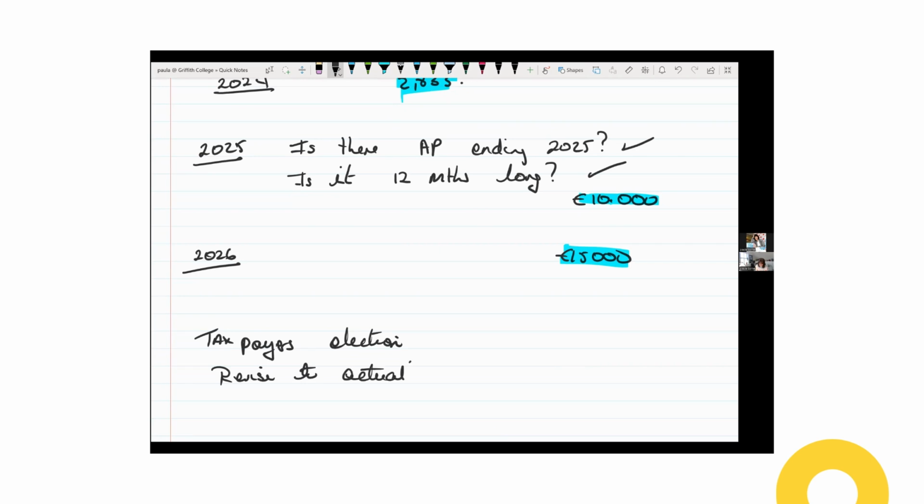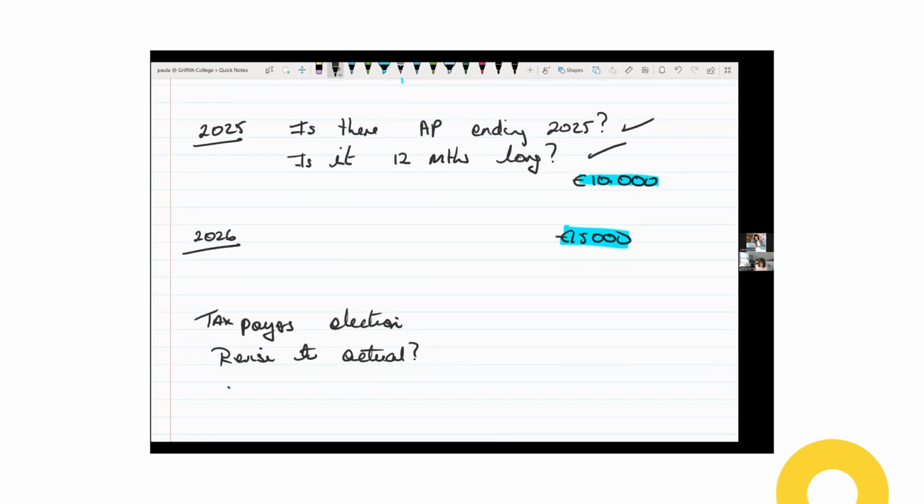Well, actual means that instead of being taxed on the accounting period profits as they were here, they can instead take the profits that were earned from the 1st of the 1st, 2025 until the 31st of the 12th, 2025. So not take the accounting period ones. Okay, so we'll test for that and let's see if the taxpayer will make that election.